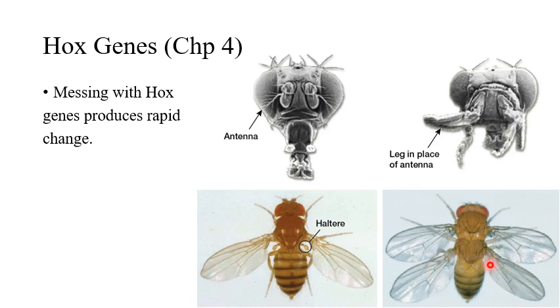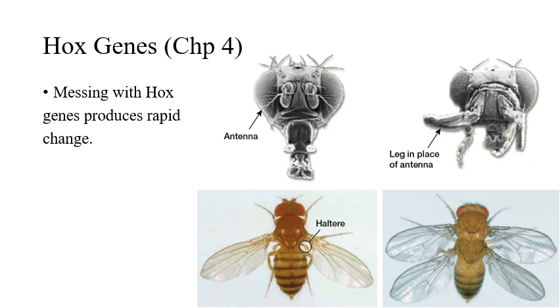So now you have a 4-winged fruit fly. Here they activated a Hox gene for a leg where it should be in the antenna, and now you have legs where there were antennae. So by changing these Hox genes, you can produce very rapid changes in organisms in a very short period of time.